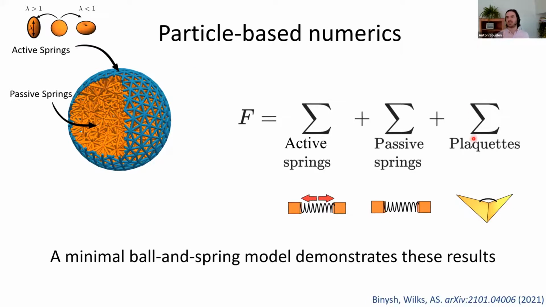And I'll just mention that you also need to include in the simulation the bending energy of the surface, by including bending between the surface plaquettes. And so this is a very minimal ball and spring model. It has only a few terms in this effective energy, and it's sufficient to demonstrate our results not only qualitatively, but also quantitatively, as I'll show you.